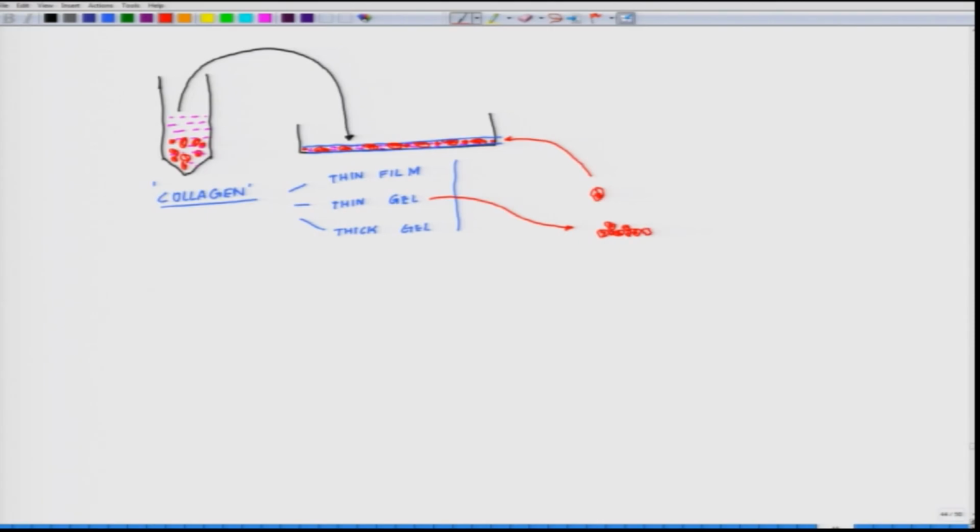So increasing the concentration. So in other words, what you are doing, you are introducing a depth feature by increasing the concentration of collagen, and thereby you are bringing more collagen molecule close in.